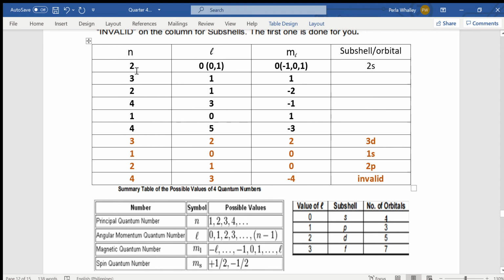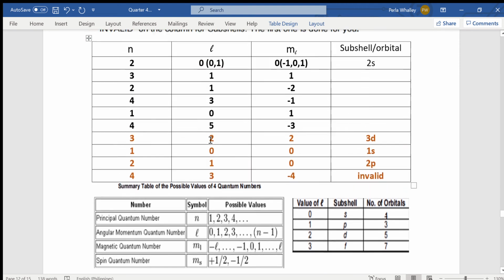It would be 2. That is why the answer is 2s. Okay, so you answer 3, 2, 4, 1, 2, 3, 4, 5.